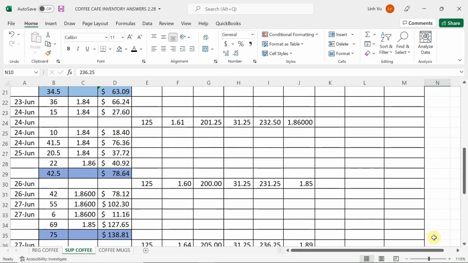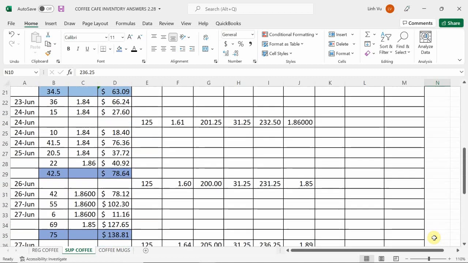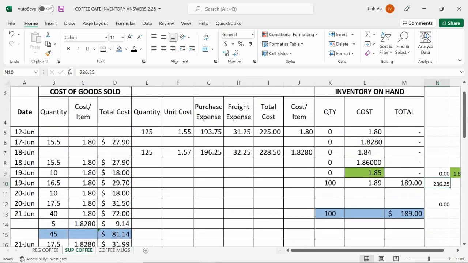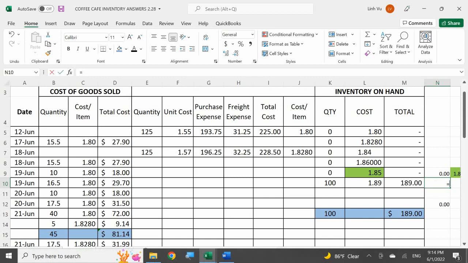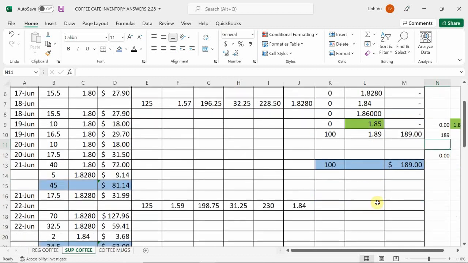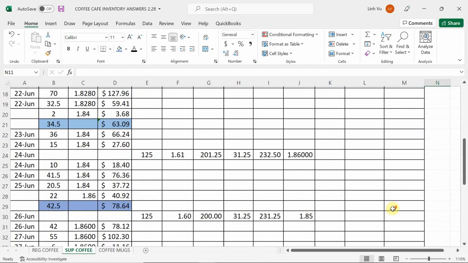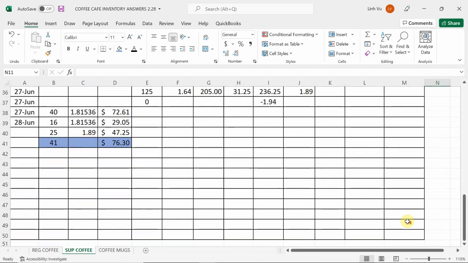You got rid of $47.25, okay, which should reduce you to this amount. So 236.25 minus 47.25 should give you 189. So there you go. 189 is your total left remaining in your Supreme coffee. Right? So there you go.